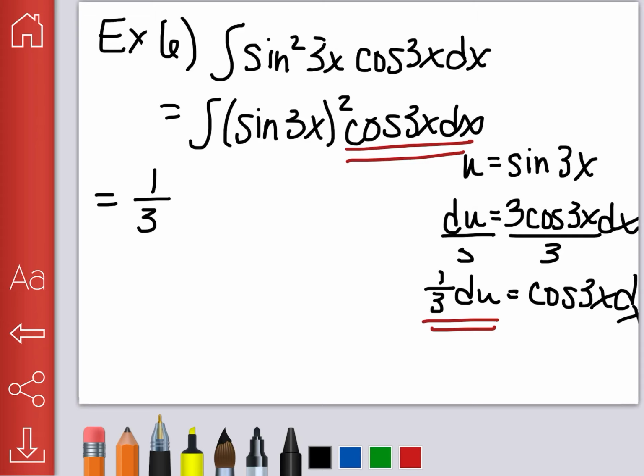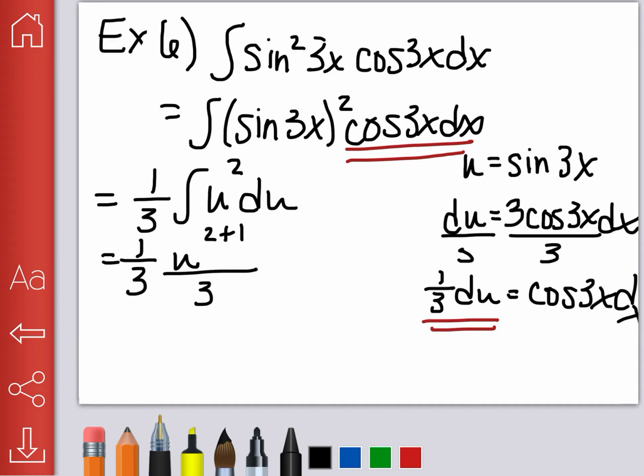So we've got 1/3 u squared du, which is 1/3 times u squared plus 1 over 3 plus c. Okay, this would be 1/9 u cubed plus c.